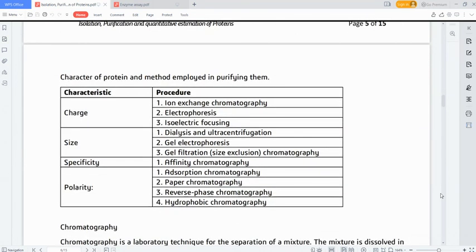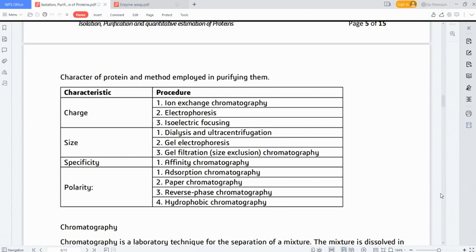Now each of these characteristics has a particular procedure that we can use. For instance, if we are trying to separate the protein based on charge, then we are going to be looking at ion exchange chromatography, electrophoresis, or isoelectric focusing, because all these methods depend on the charge of the protein.